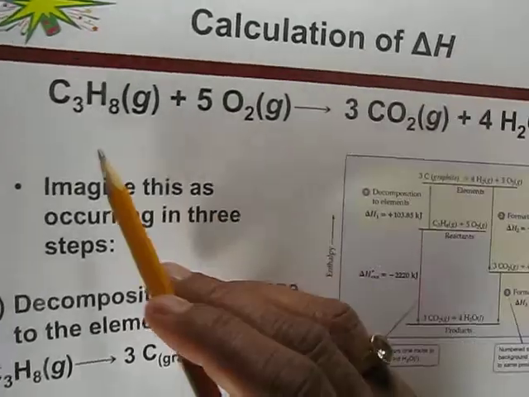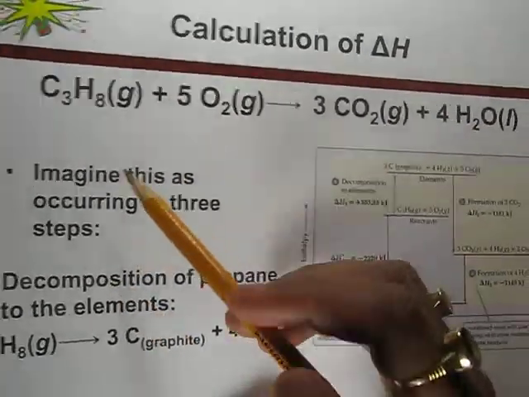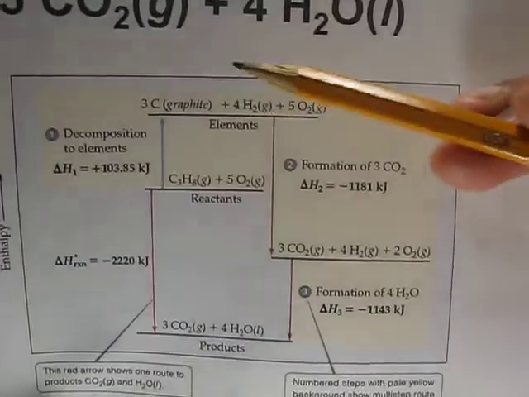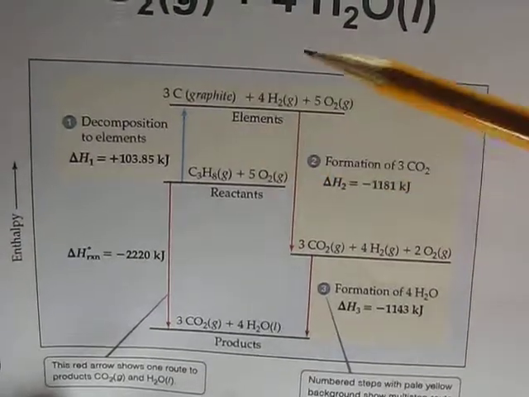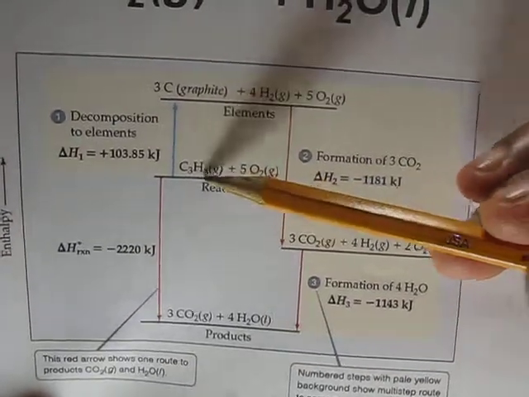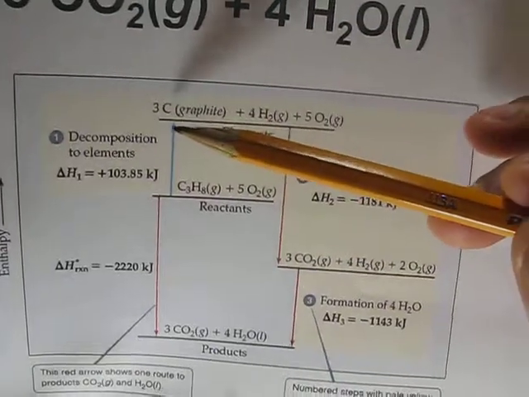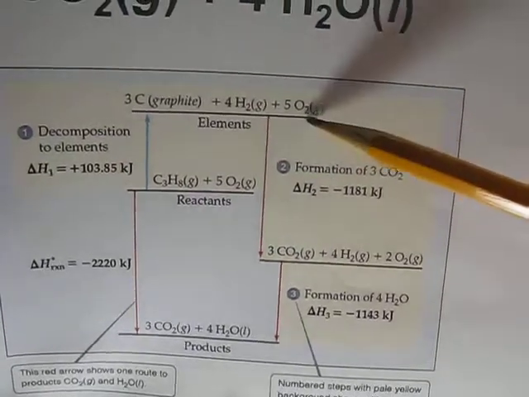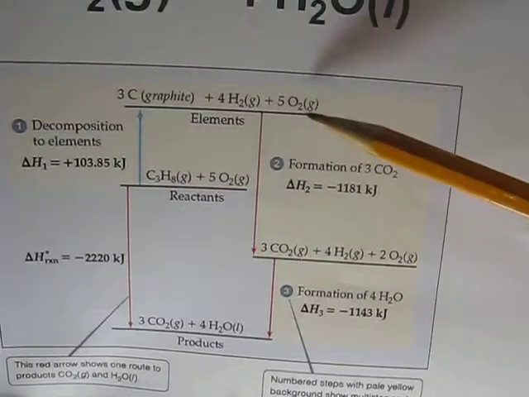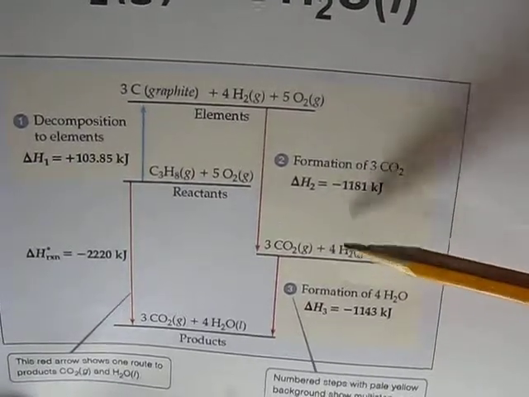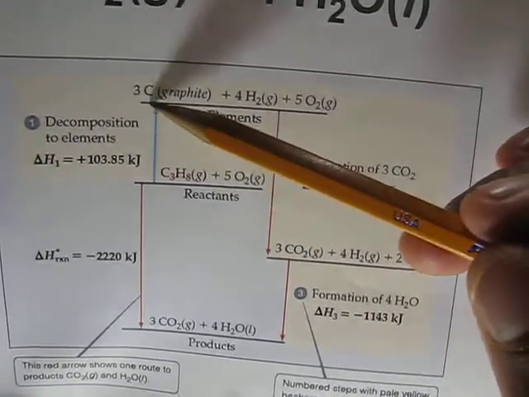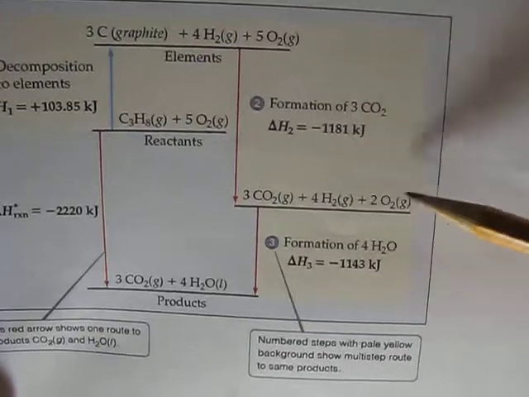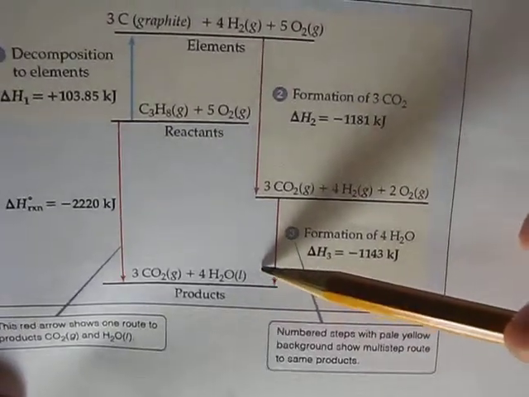So same reaction, and if we try to solve this question according to this reaction flow, that methane gas is burning and it is forming graphite first, carbon and hydrogen gas and oxygen gas, and then the second step is carbon dioxide gas forming by reacting graphite with oxygen, and then the third step is hydrogen and oxygen reacting to form water molecule.